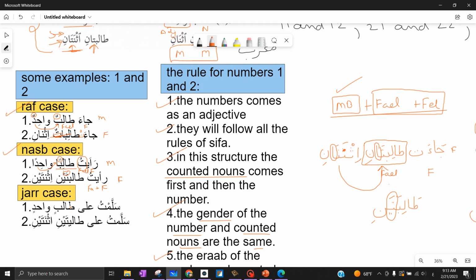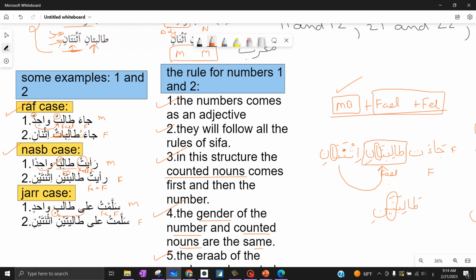What about in jar case? Now we have this for male and this for female. Sallamtu means I greeted. Sallam is fi'l, tu is damir fa'il. Then ala, harf jar. Due to this harf jar, the mawsuf is in jar case, having a kasratain. And then what happens to the sifa following the mawsuf?